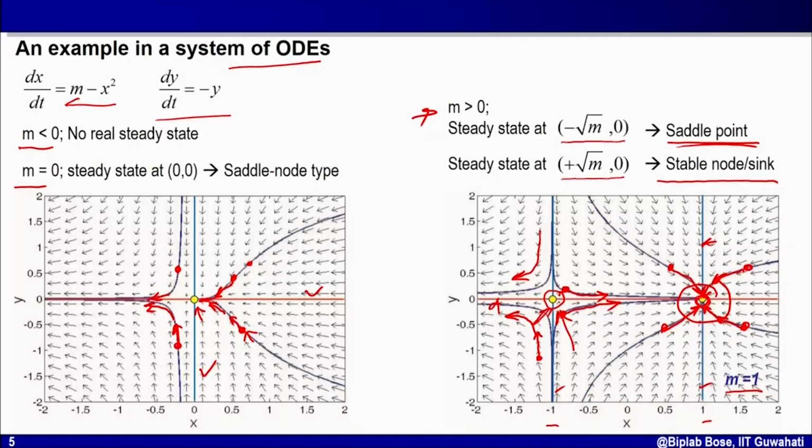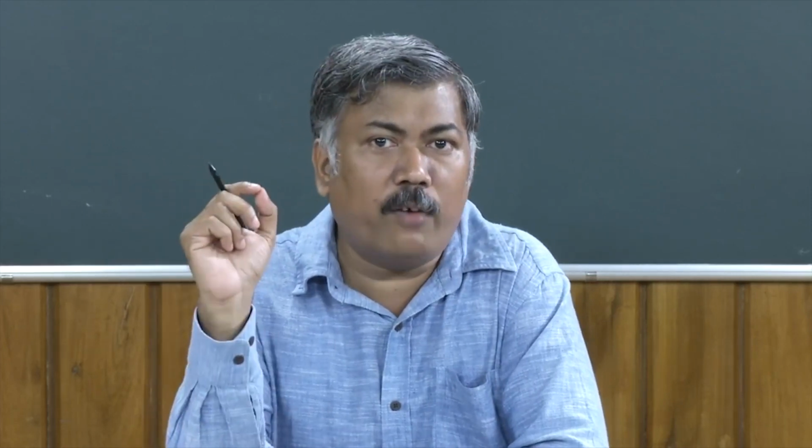When m equal to 0, I have a saddle node type which is unstable. Whereas when m is greater than 0, I have two steady states. One is a saddle point, which is obviously unstable, and the other one is a stable node type. So here, the parameter m is not only affecting the number of possible steady states, but also affecting the trajectories or the phase portrait of the system and the stability of these steady states.